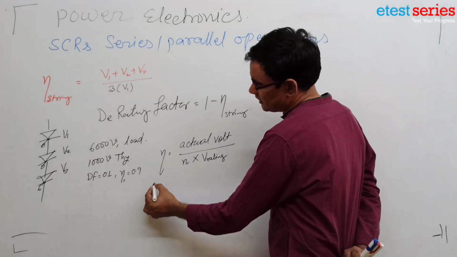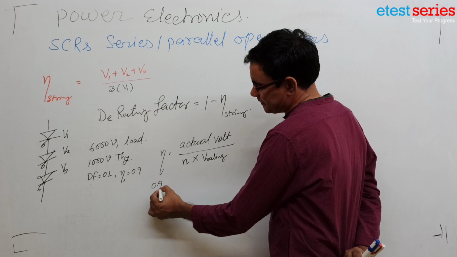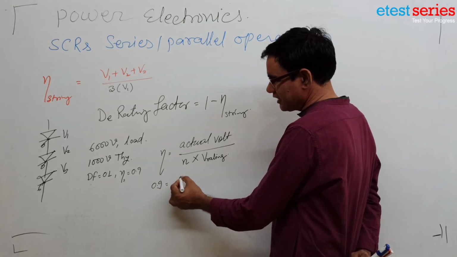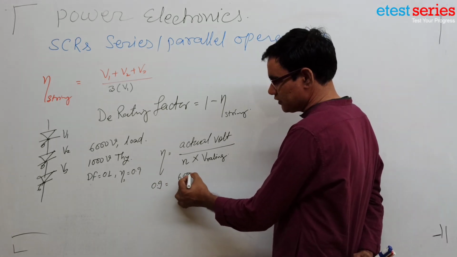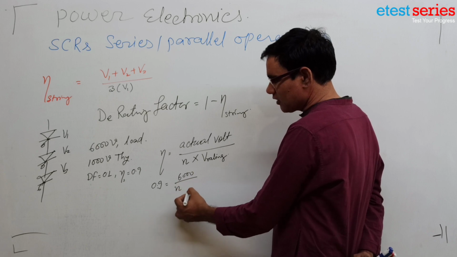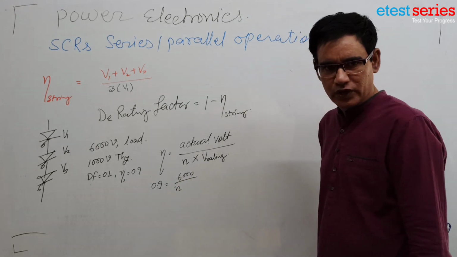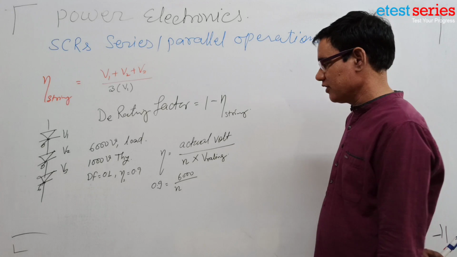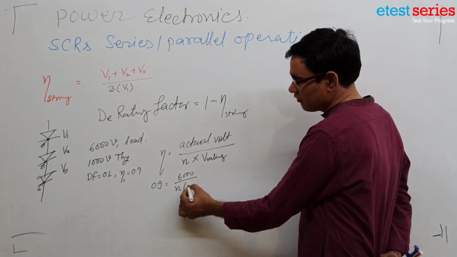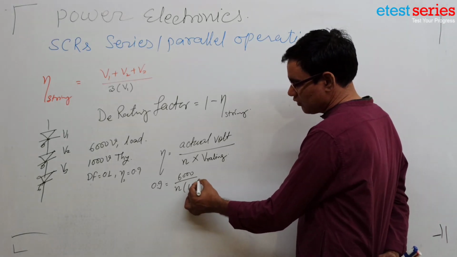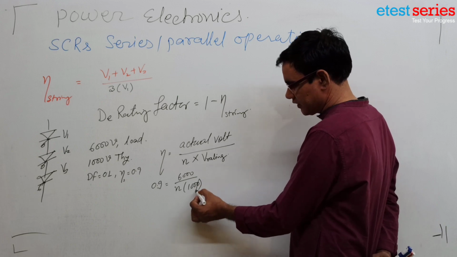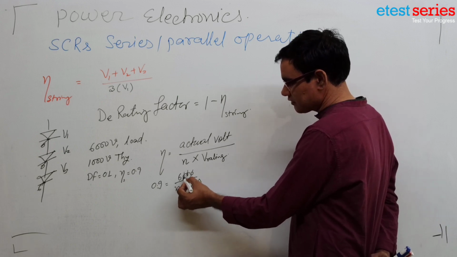Here the string efficiency is 0.9, the actual voltage is 6000, n is the number of SCRs we need to connect in a string, and the voltage rating of one is 1000 volt. So the 1000 cancels out with 1000.